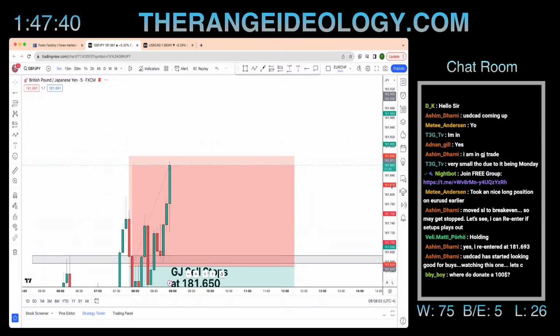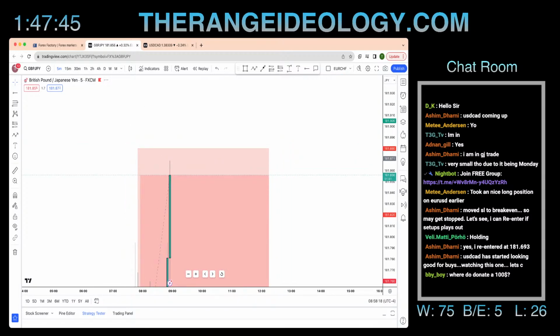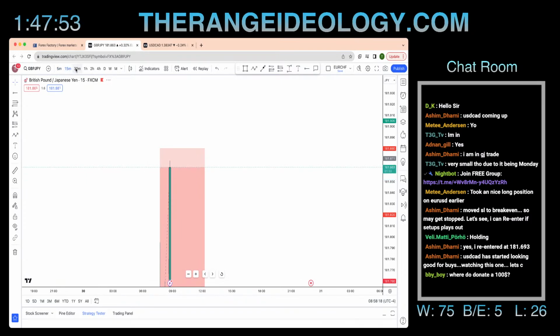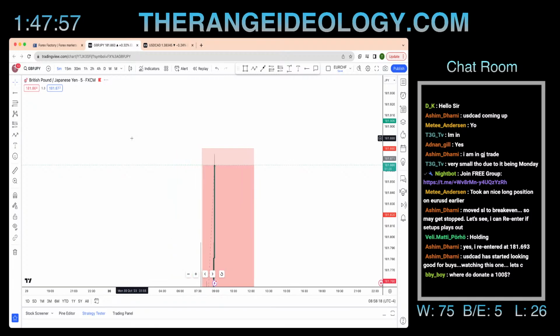It's too close here. Right, we do have the 2-hour candle close coming up. Does it just jump down from there? Let's see. We've seen some crazy things from GJ. And it continues.